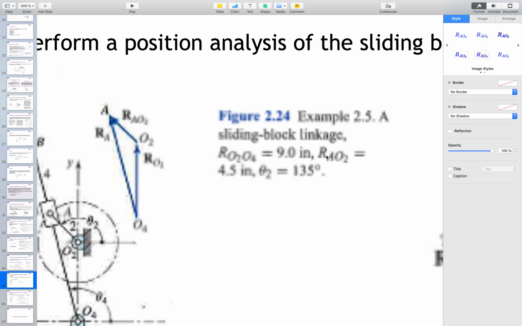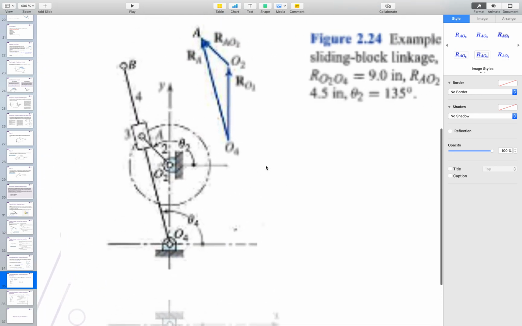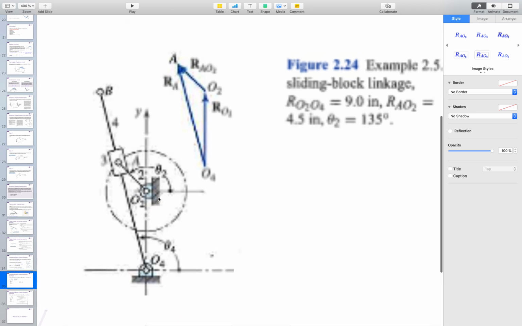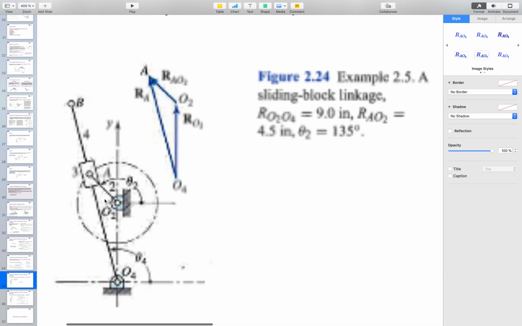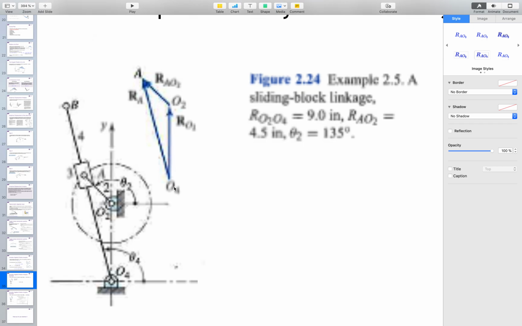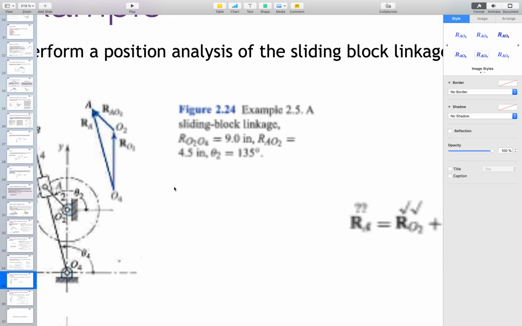The orientation, actually the orientation phi2, which is 135 degrees, no, sorry, this is theta 2, and this is basically the orientation.